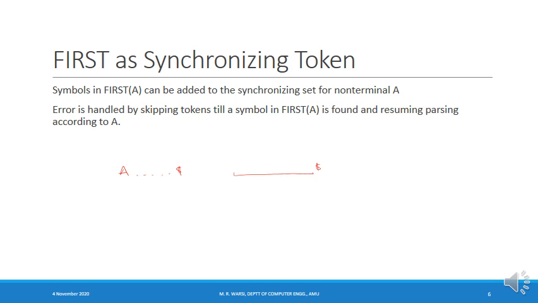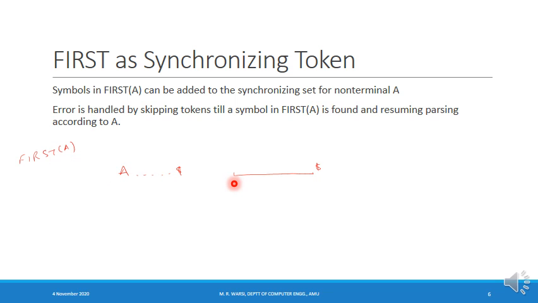Capital A being on top of the stack means that the parser is expecting the string derivable from capital A. So at this stage, in the input buffer, there should have been the string which is derivable from capital A. Any string which is derivable from capital A begins with a symbol which is there in the first of capital A. So that means at this step, the next input symbol should have been a symbol which is there in the first of capital A.